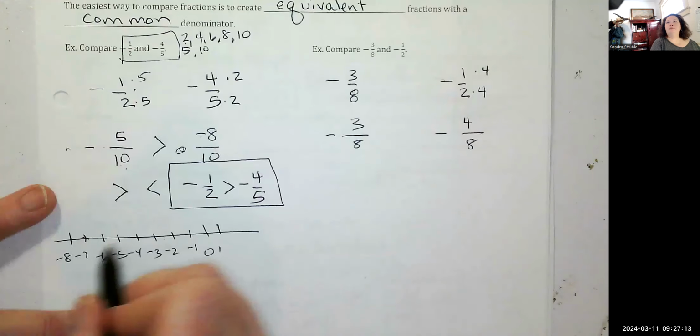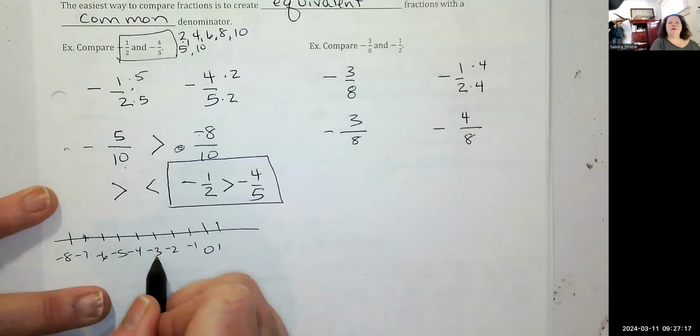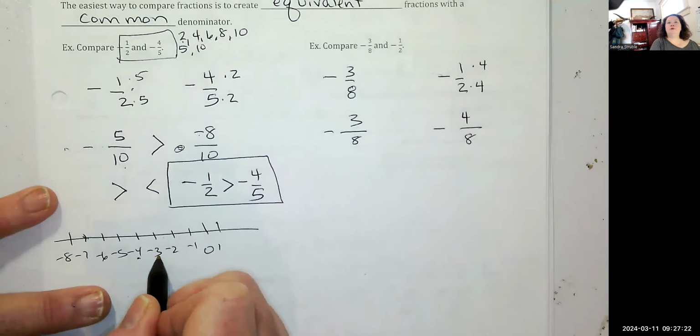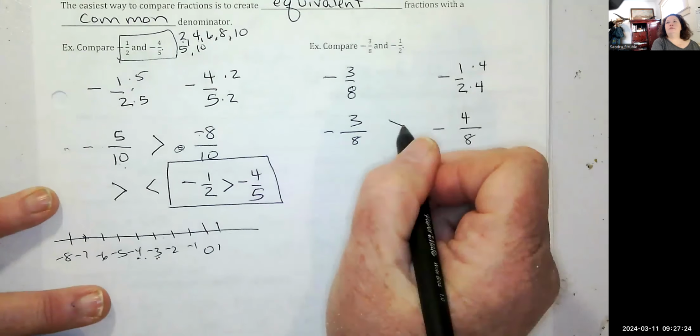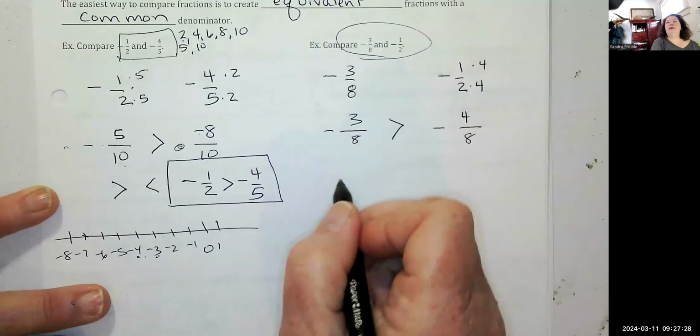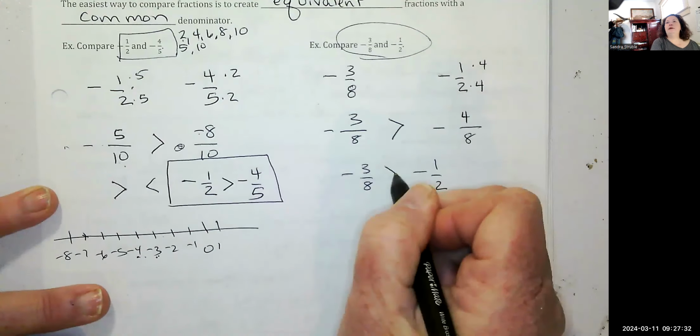Okay, look at my number line. I've got -3/8 and -4/8. Here's 3, here's 4. So -3 is greater than -4. All right, so I'm just going to rewrite it with the original fractions, -3/8 and -1/2. I'm going to leave it in that format.